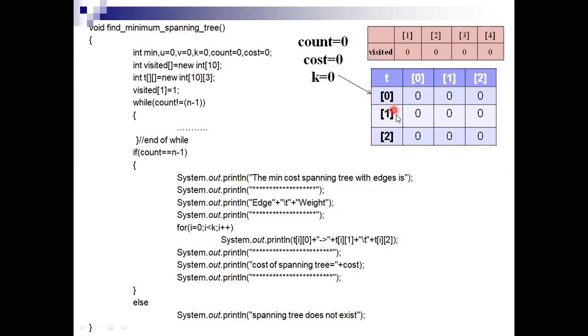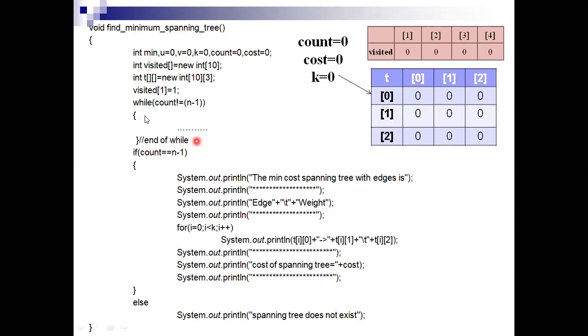And how do you select the required edges? Your edge should be a least cost weight such that the starting vertex should be in the spanning tree and the ending vertex should not be in the spanning tree. So you should keep this logic in mind and then start selecting the edges.